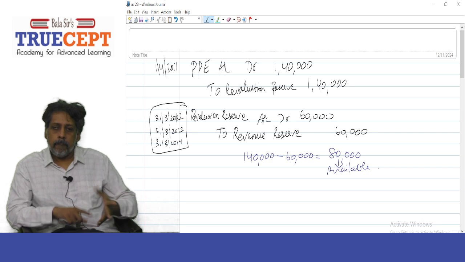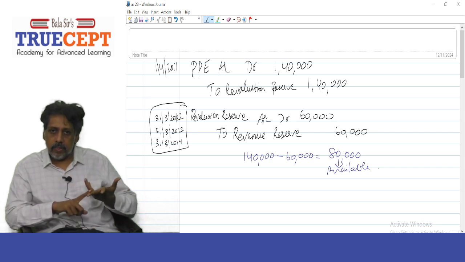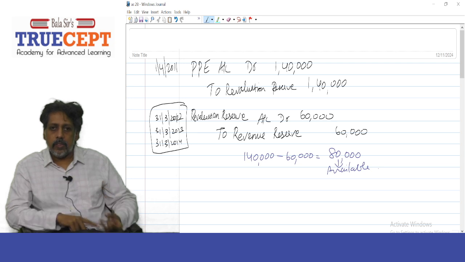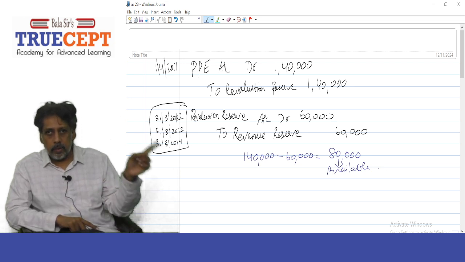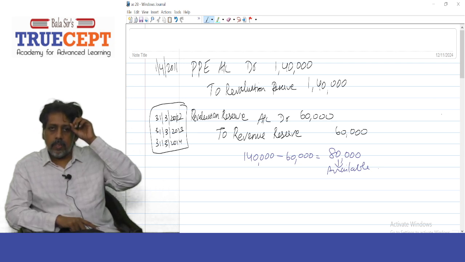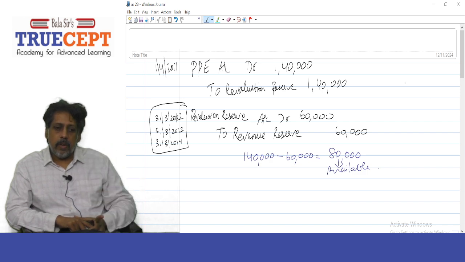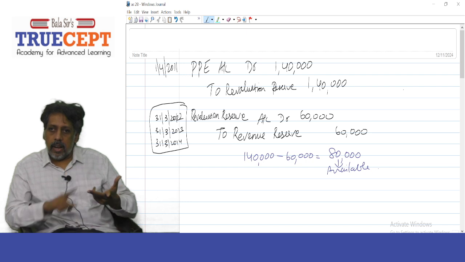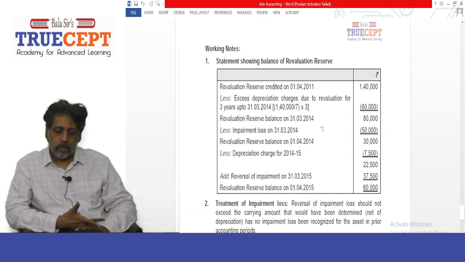How much? Can we see the entry on the screen? It is rupees 60,000 transferred. So what is the balance in revaluation reserve? It is 1,40,000 minus 60,000, 80,000. 80,000 available. Then, less impairment loss on 31st March 2014, 50,000 rupees.